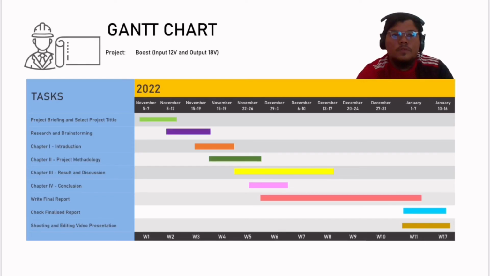For the project briefing and selecting project title, we brainstorm the idea from 5th of November until the 12th of November. Next, for research and brainstorming, the idea more is from the 8th of November until the 19th of November.